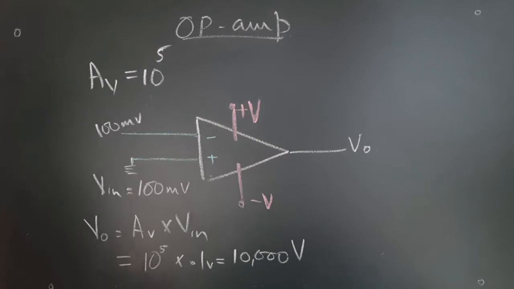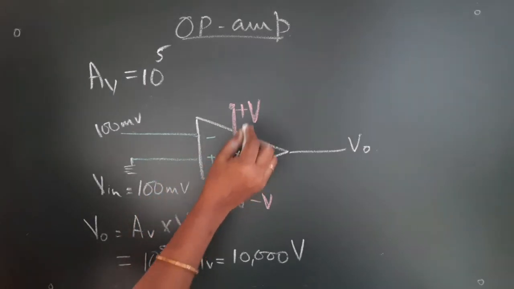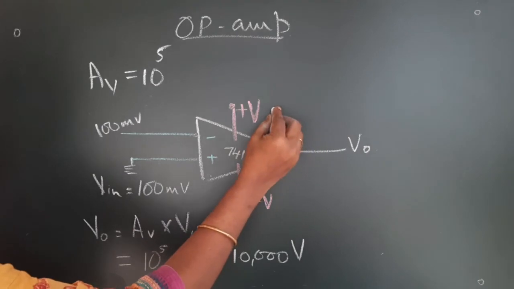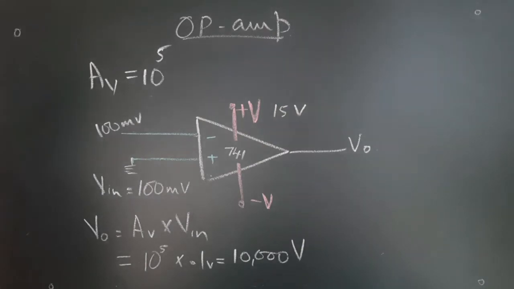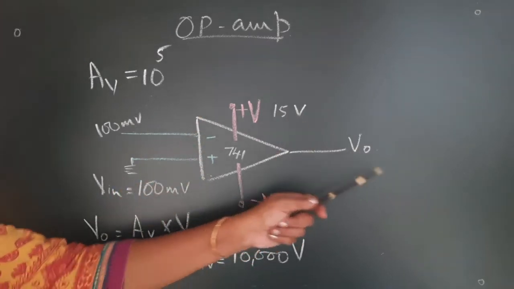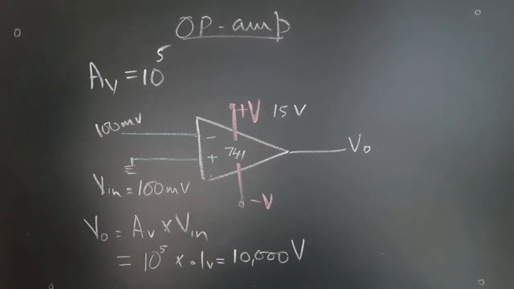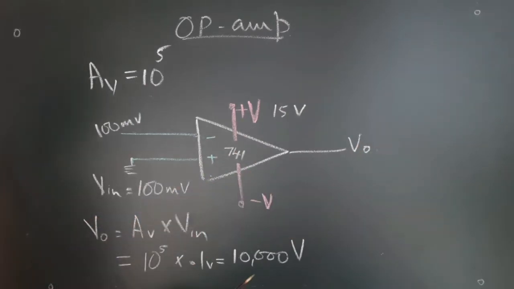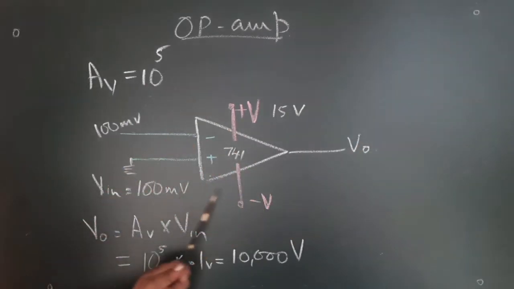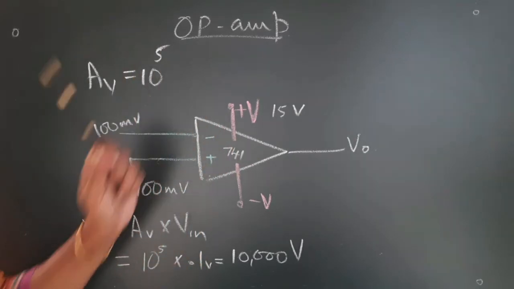But one thing to be noted here is, if we are using the 741 IC, our plus VCC would be in the order of 15 volt. In any practical circuit, you cannot have an output greater than the biasing. That is a limiting condition. Always the output will be practically less than the biasing voltage. So, you can only expect up to a voltage of 14 volt or something like that, even if the open loop gain of an amplifier is 10 raised to 5.